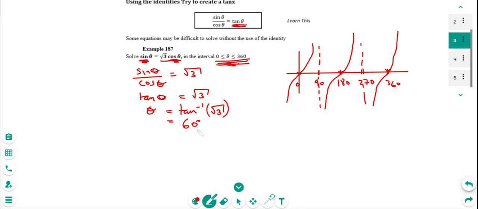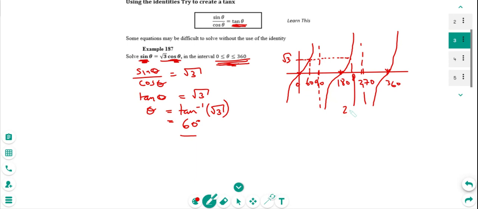The answer that the calculator has given us has been for root 3, and it's given us this value, which is 60 degrees. But we can see that in our range, we've actually got other values as well. A tan graph will repeat every 180 degrees. So we've got another value there, which can be given by 180 plus the 60.